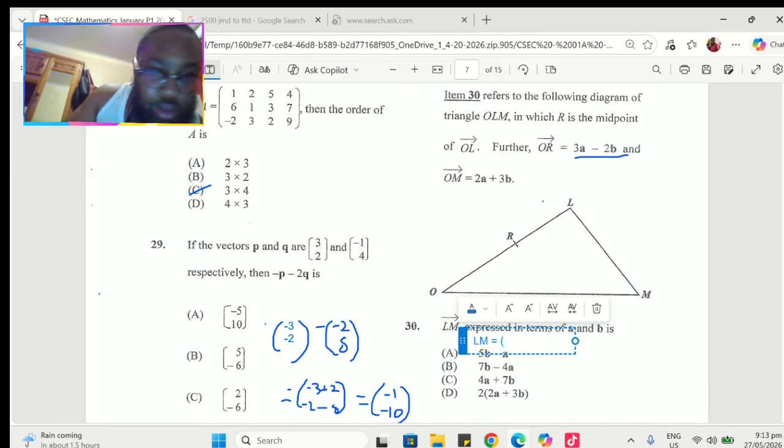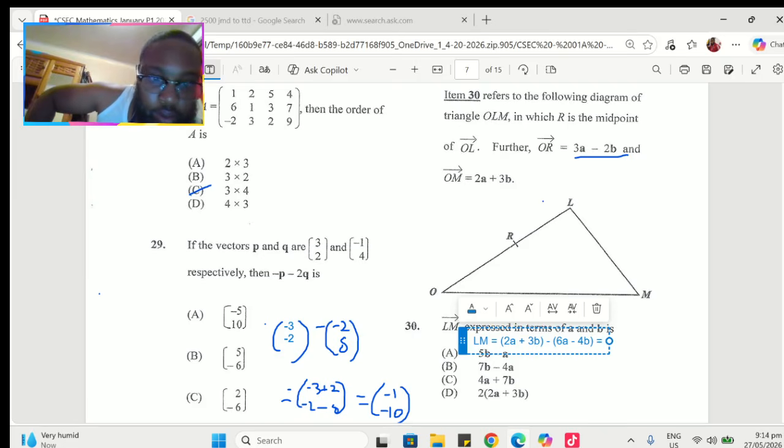Equal to 2A plus 3B minus open brackets 6A minus, how much was it? 4B, which will be equal to 2A minus 6A is minus 4A.